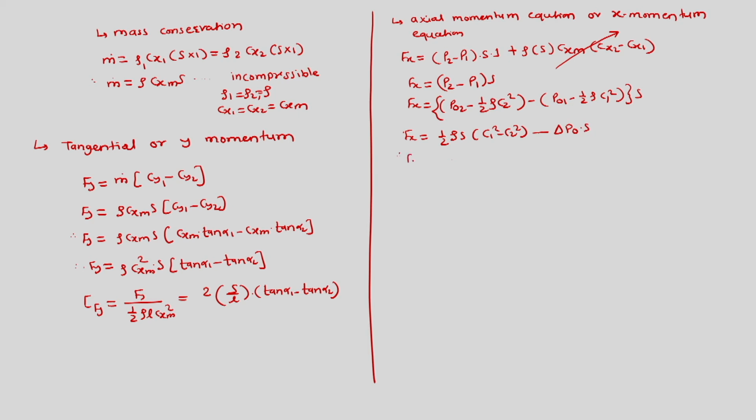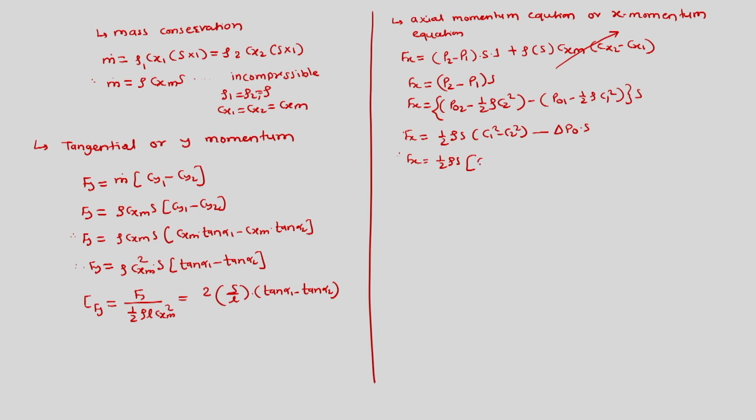So, Fx can be written as half rho S. So, C1 square can be split into 2, Cx1 square plus Cy1 square. Similarly, C2 square will also be split into Cx2 square plus Cy2 square, and Cx1 and Cx2 both are equal.